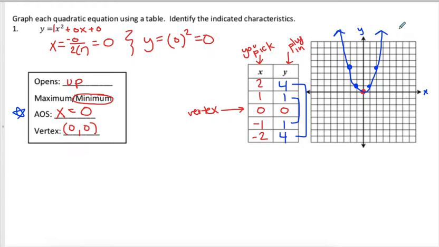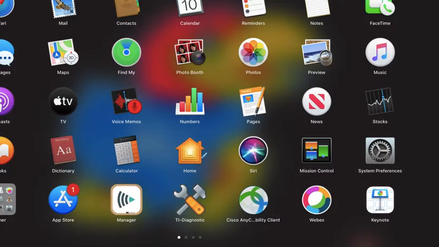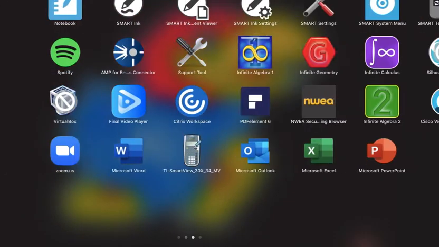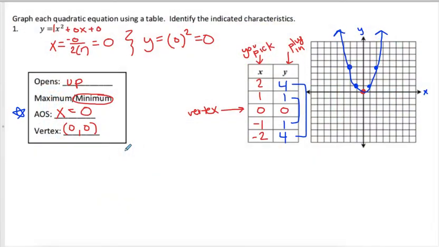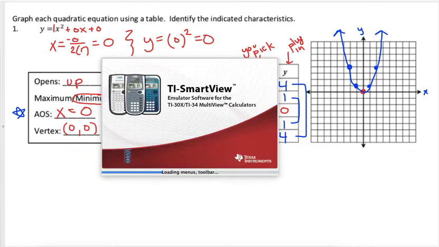There are other points that are on this, but we don't have a chart further, and we don't have our graph here. So now I'm going to pull up my calculator and show you, this is the same calculator that we can pull up online too. I want to show you how you can generate that table like we did with factoring in order to find these points without plugging them in over and over again.